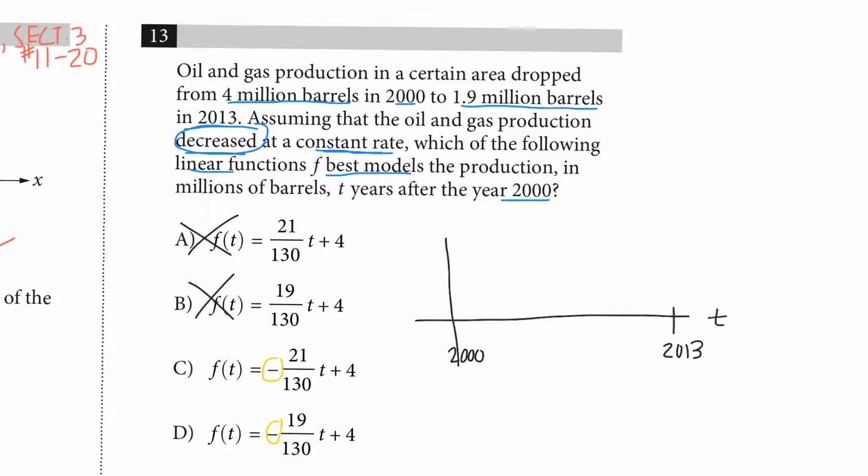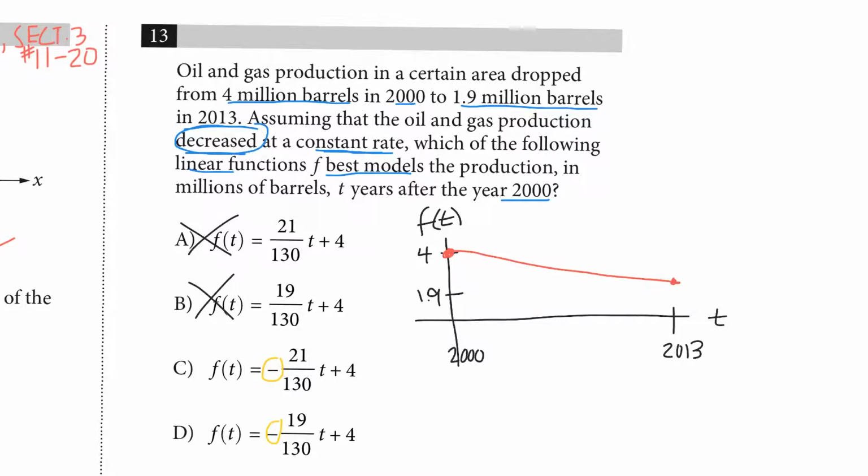This is the time, and this would be f of t here. At the year 2000 we have 4 million, and then over here you're going to have 1.9 million. So you see that it's decreasing steadily.